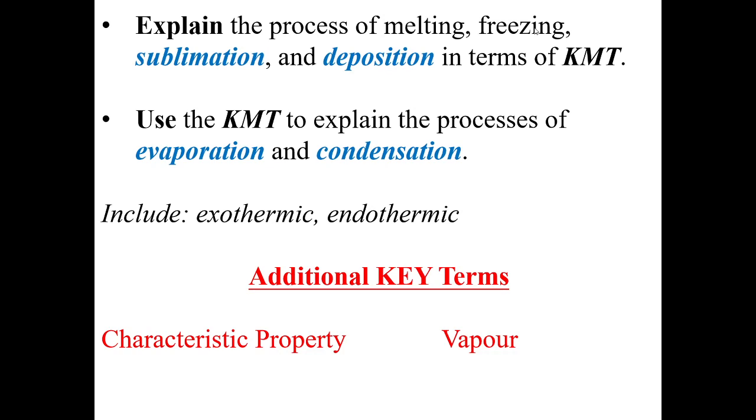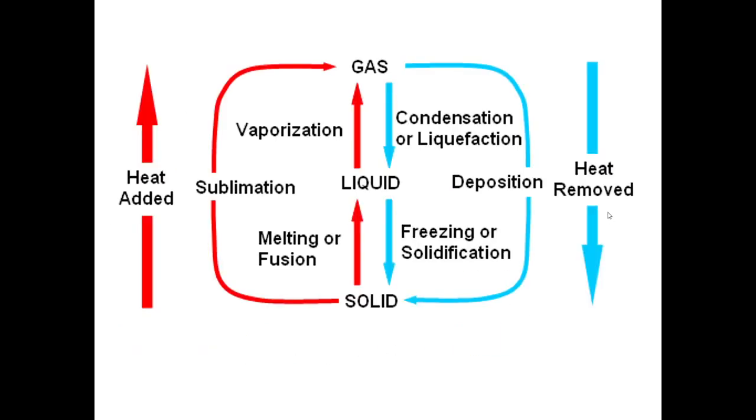But definitely melting and freezing, as well as evaporation and condensation, and how kinetic molecular theory explains this process. You're also going to use the terms exothermic, endothermic, characteristic property, and vapor. So we'll talk about those.